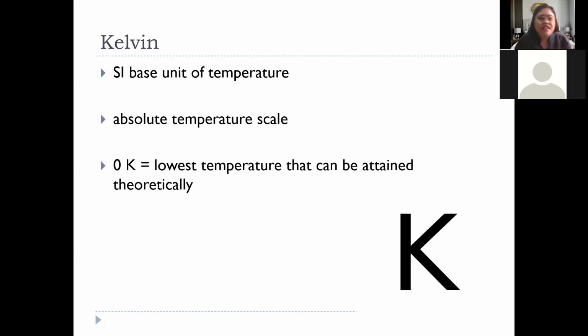There are vaccines na kailangan yung kanyang storage is again negative degrees Celsius. So hindi talaga lowest yung 0 pagdating kay degrees Celsius and degrees Fahrenheit. Lowest lang siya pagdating kay Kelvin. That is why it is called absolute temperature scale, and it is considered as the internationally accepted unit for temperature.